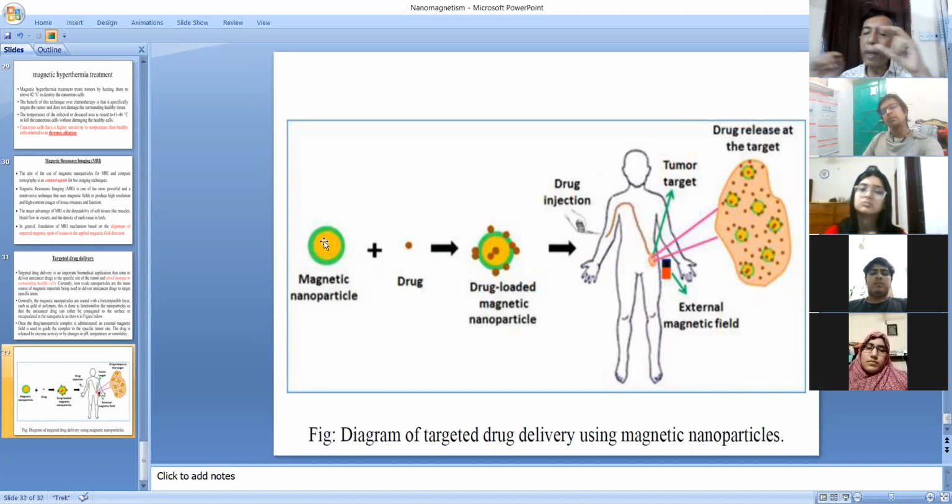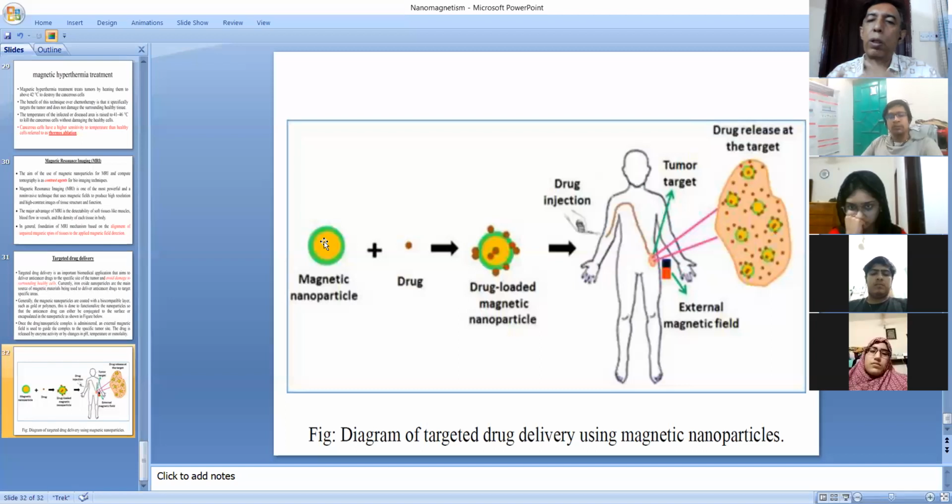So this magnetic nanoparticle can enter into the cell and bring the drug inside the cell. You see here, this is a cell. You see how many magnetic nanoparticles can enter into one cell, and they can destroy the germs.